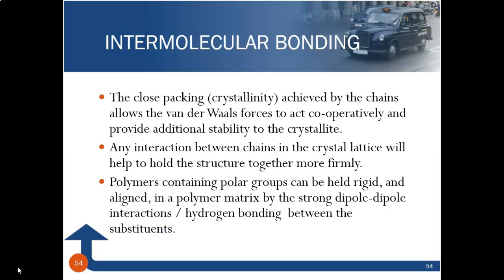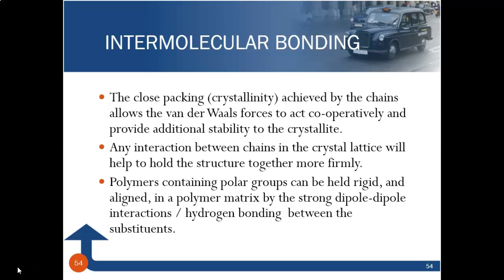So as we all know, we have intermolecular and also intramolecular forces. For intramolecular forces we have primary forces, and for intermolecular forces we have secondary forces. The intramolecular forces, which are the primary forces, include the covalent bond and ionic bond.